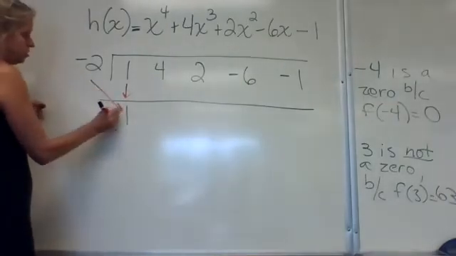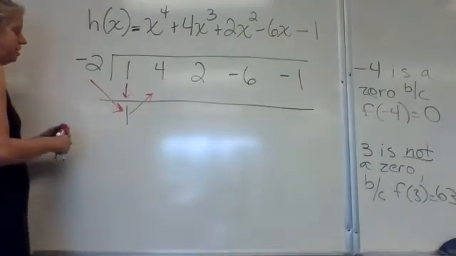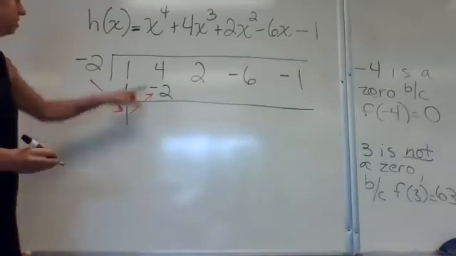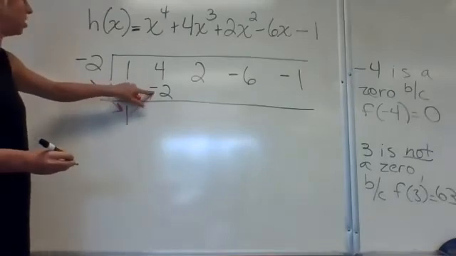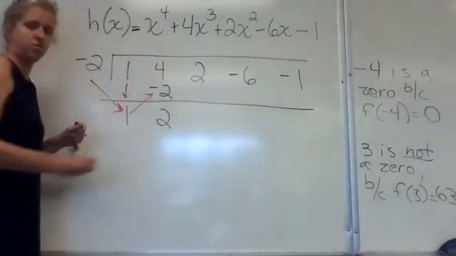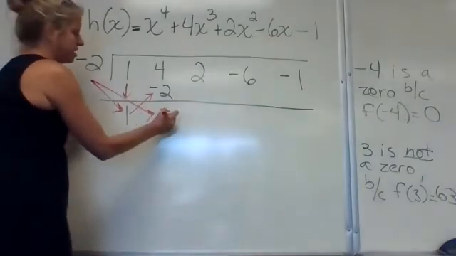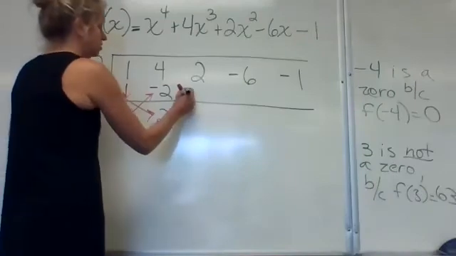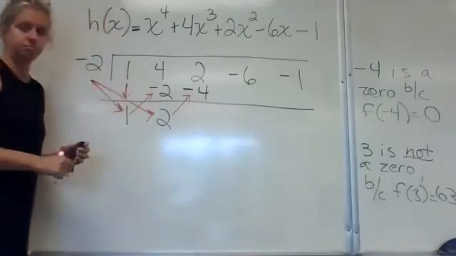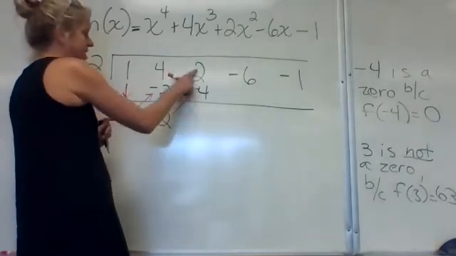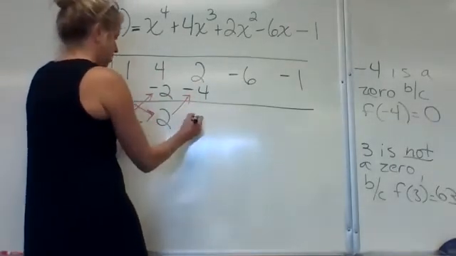So I have -2 times +1, which gives me -2. If I combine these, 4 and -2 gives me +2, and I go again. -2 times +2 is -4. Combining 2 and -4 gives me -2.